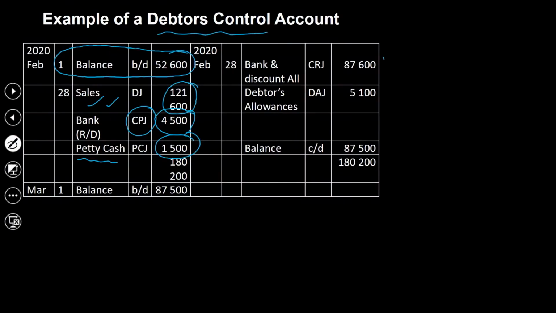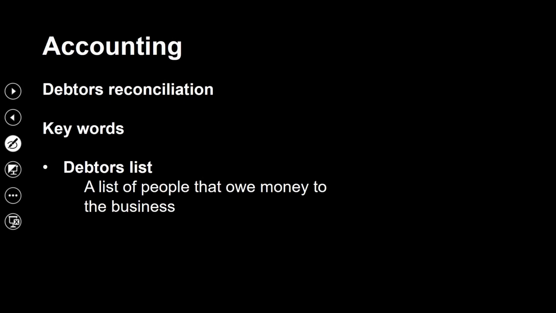Here's your bank and discount allowed, payments that were made to us from our debtors, that was allowances that were granted, and clearly you can see the balance on your debtors control account at the end of the month amounts to 87,500.